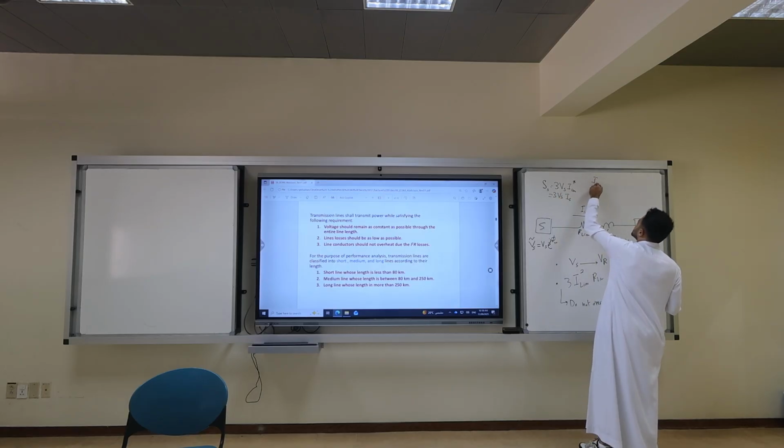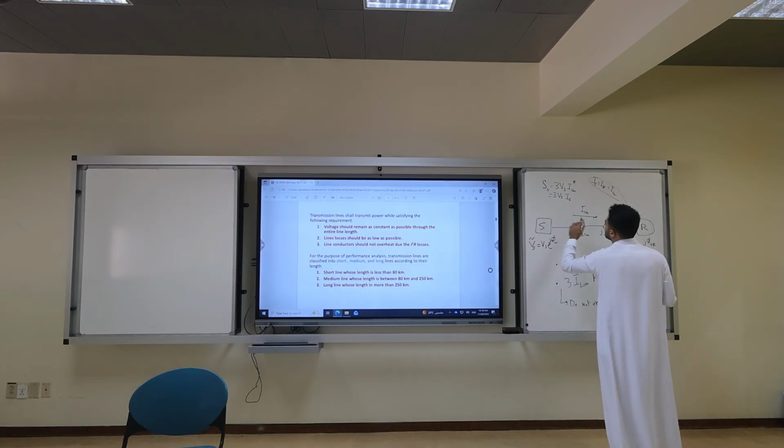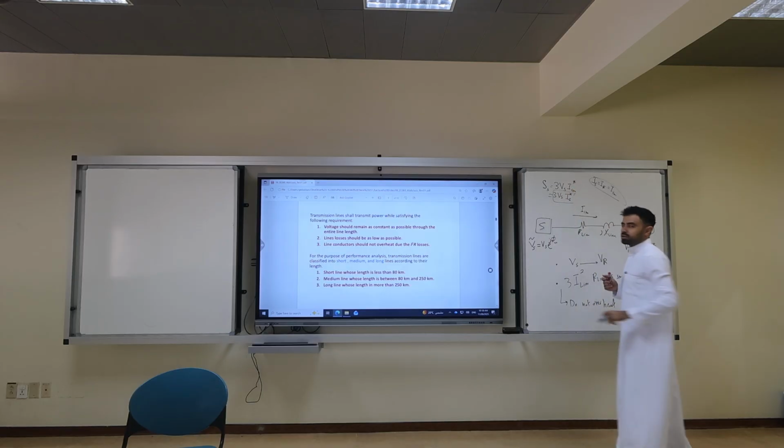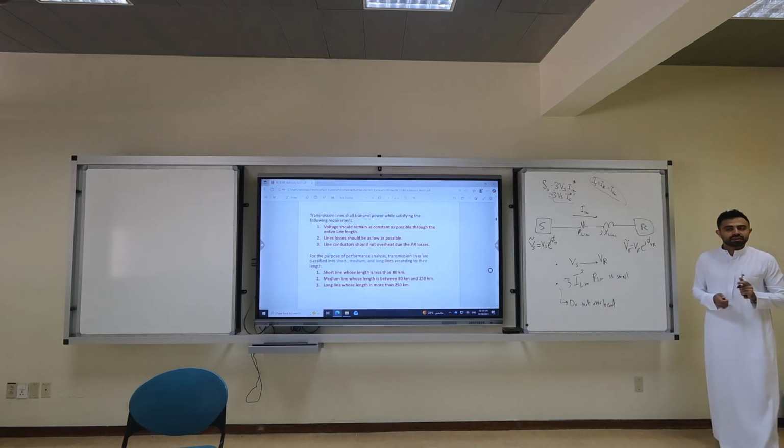So I send equals I receive equals I line. If you make the current smaller and you make the voltage high, you will still transfer the complex power.